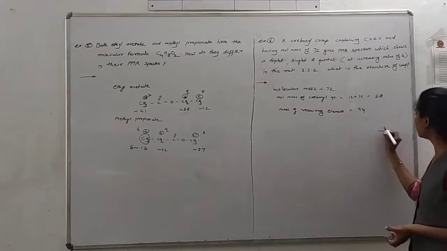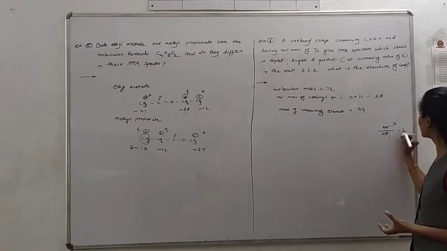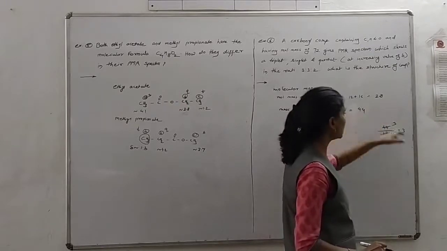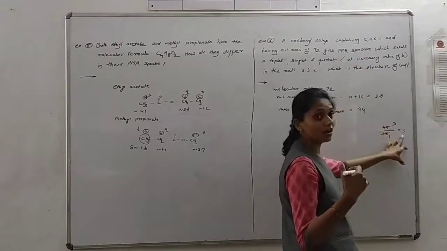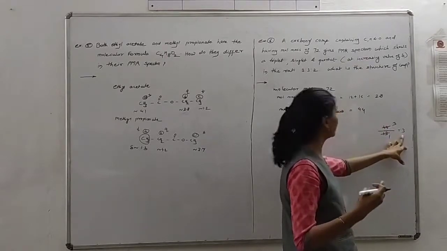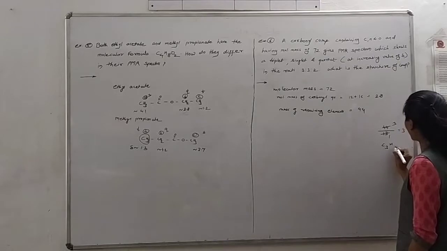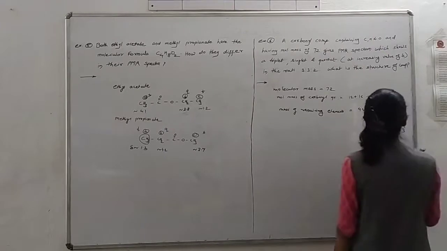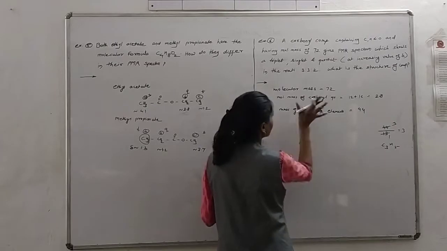Divide this 44 by 13, and 13 threes are 39, which is less than 44, and the remaining 5 is for the protons. That means we can write here C3 and H5. That means 3 for carbon and 5 protons, and one carbonyl group is there.